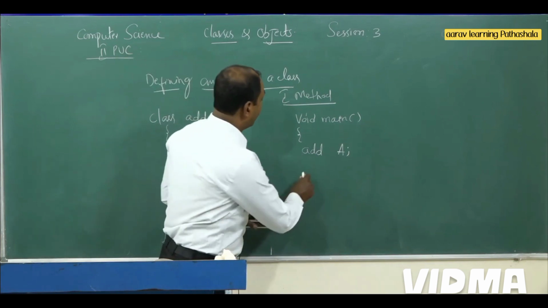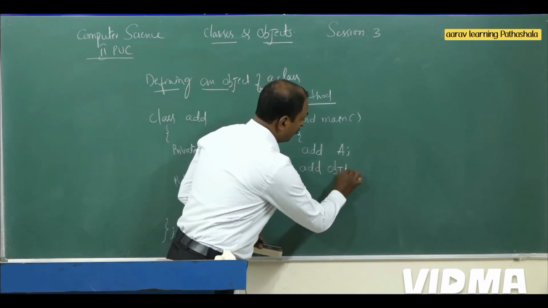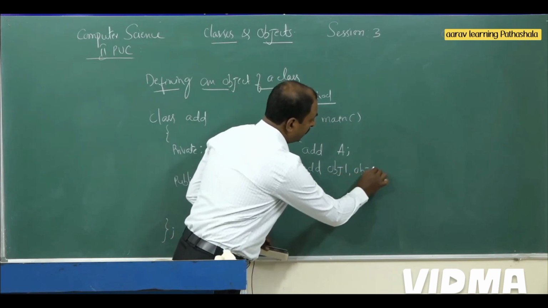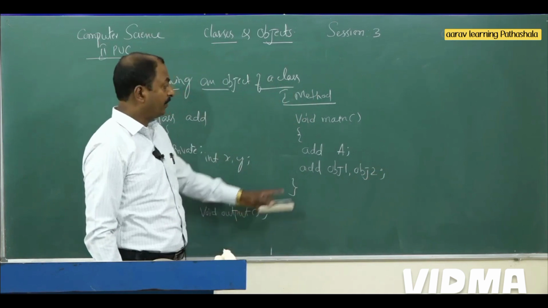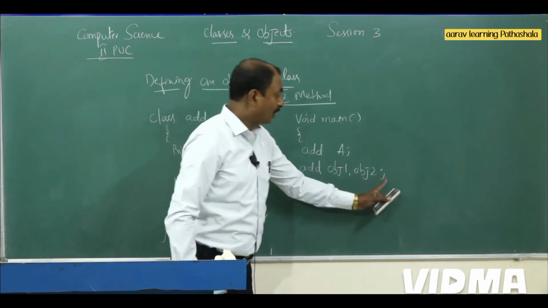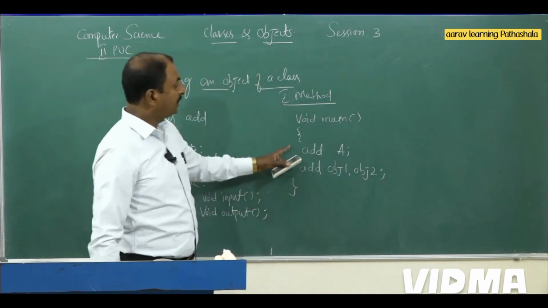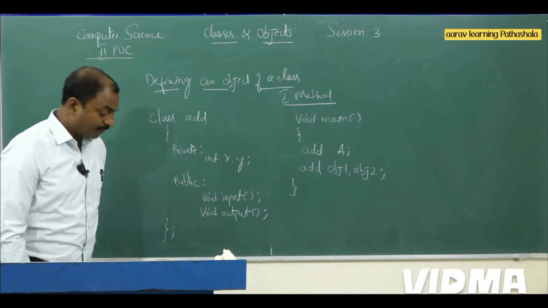For example, if I write add obj1, obj2, it is also fine. In this example, I have created one object A, and two more objects here. So this is one method of defining an object of a class.